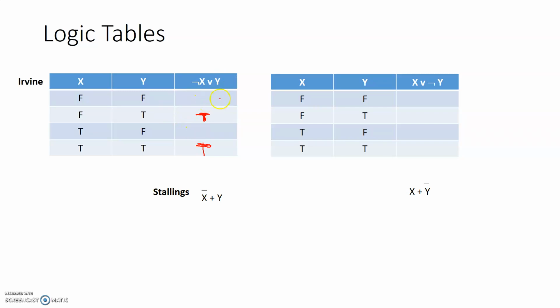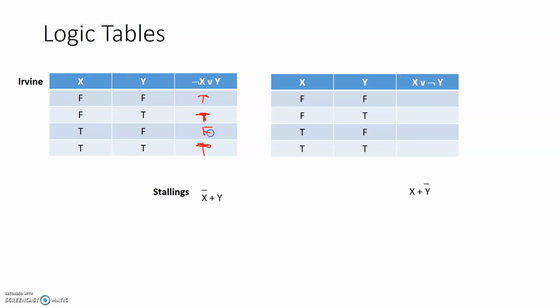So in the case where y is false, we can look at what not x is to figure out the final result. So not false is true, and not true is false.